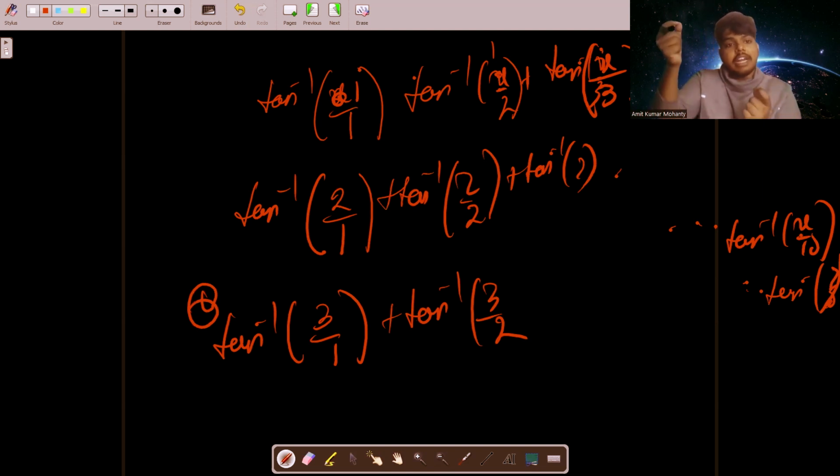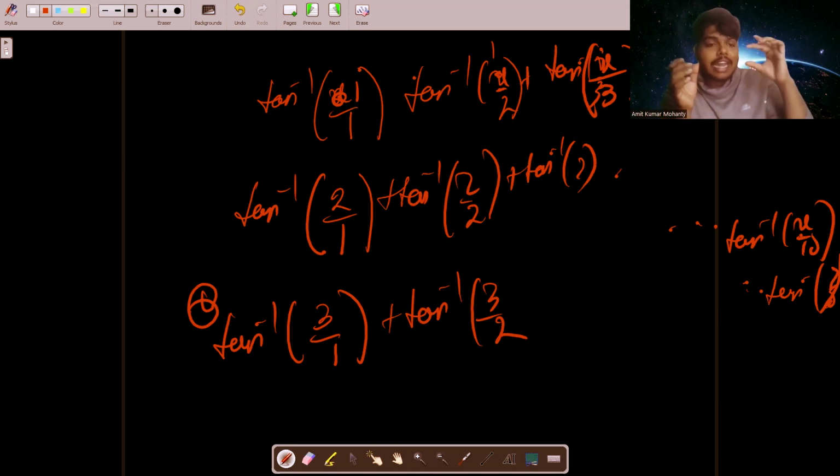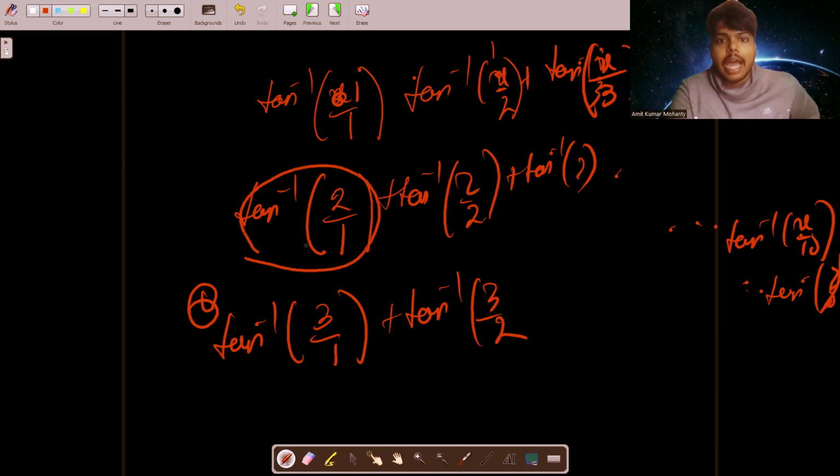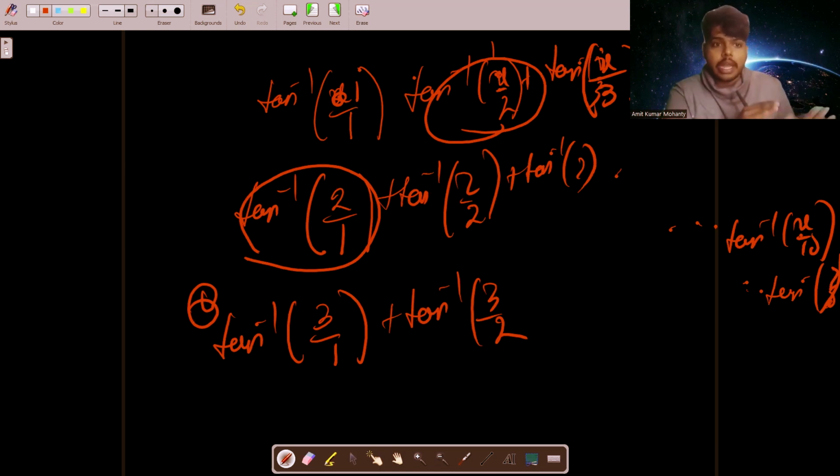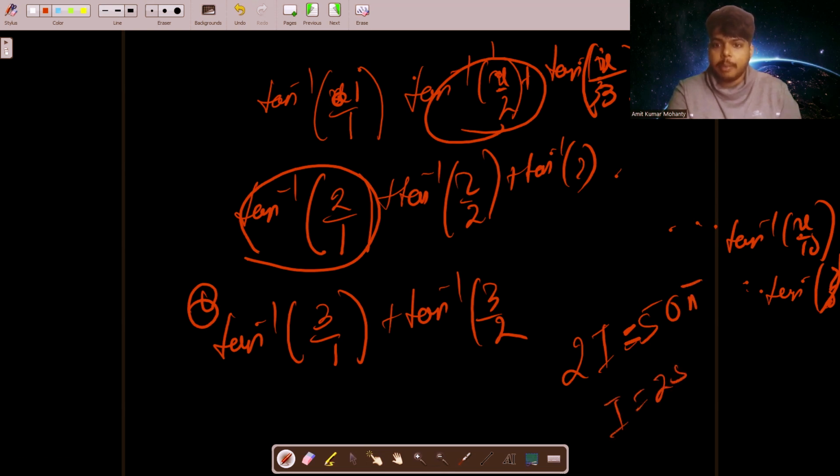So you can see for every tan inverse x, I have a tan inverse 1 by x. You can see for tan inverse 2 by 1, I also have a tan inverse 1 by 2. Any particular number that is present from 1 to 10, I have an inverse of all of those numbers. So that particular result, if I add it up, it is becoming how much? 50 pi for 2I. And as a result, 2I equals 50 pi, and I will be 25 pi.